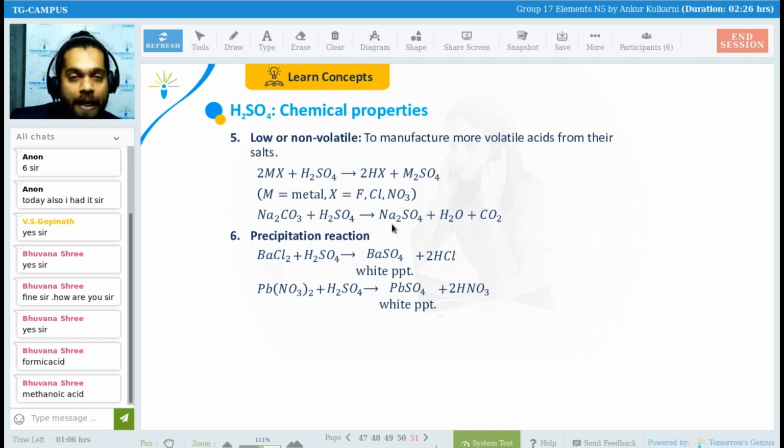We are doing the chemical properties of sulfuric acid. Non-volatile. What do you mean by volatile?